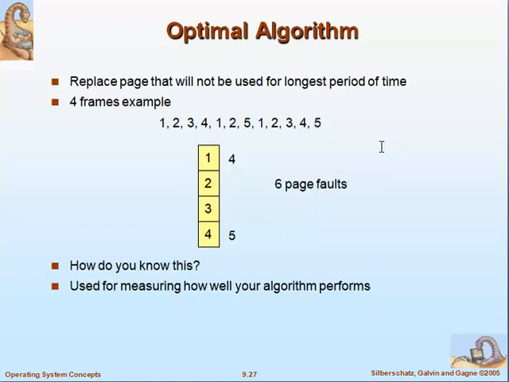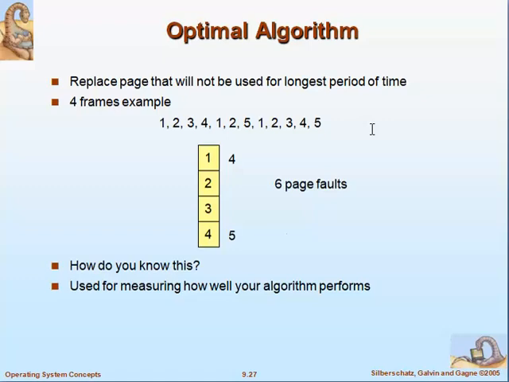that can be used for analysis purposes. Let's say we have an algorithm. For the evaluation of the algorithm we can use the optimal algorithm as a benchmark. So the best algorithm that we can design and implement, its performance can be compared with the optimal algorithm, but implementation of the optimal algorithm is not possible because we will not know how the future requests of the pages will come, and it is very difficult to get that information.